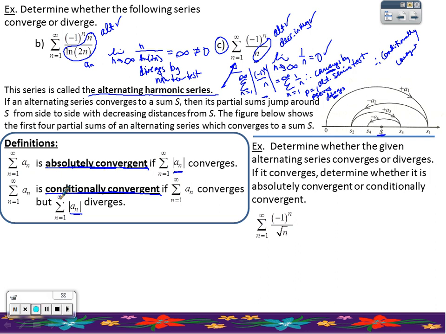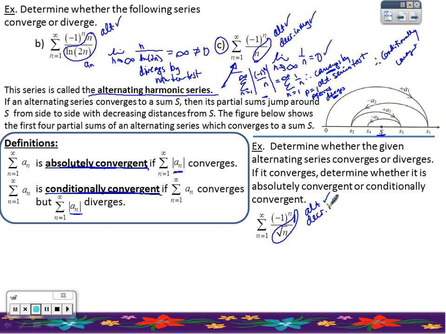All right, so let's check this one out. We're going to check the alternating series part of this one out first. So, does it alternate? Yes. Is this the a sub n part? That's this part, like there'd be a 1 there. Is this part decreasing in magnitude? Yes.